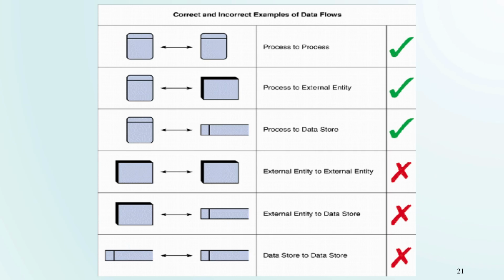Okay, so in this picture, you can see the correct and also the incorrect examples of data flow. You can do process to process, process to external entity, and process to data store. But external entity to external entity is not allowed, external entity to data store is also not allowed, and data store to data store is not allowed.